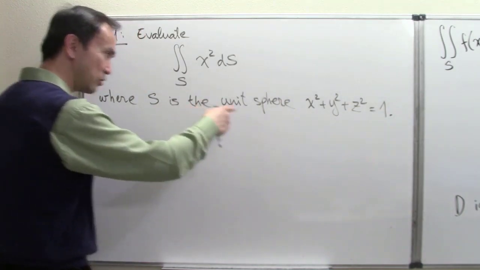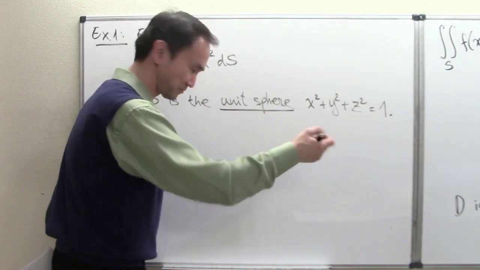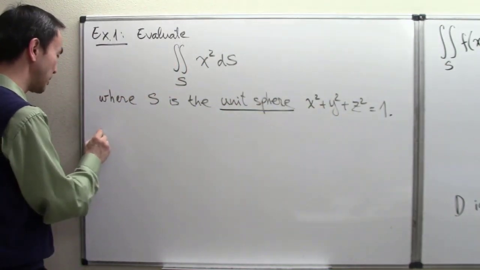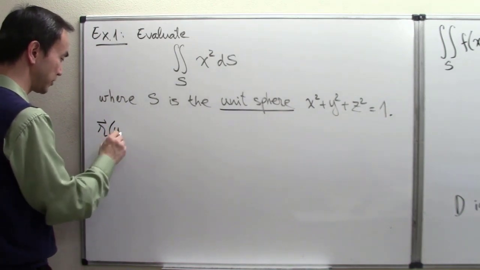A unit sphere is standard enough that a lot of people know that for any unit sphere with this equation, we can parametrically describe it as a vector-valued function R of u comma v.